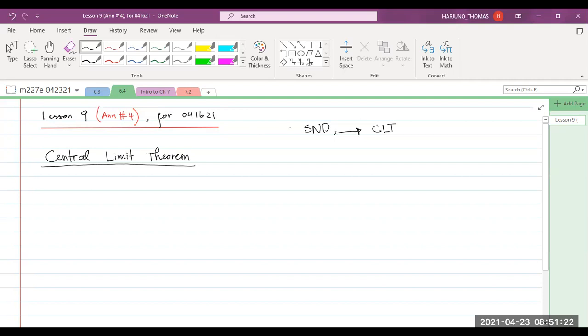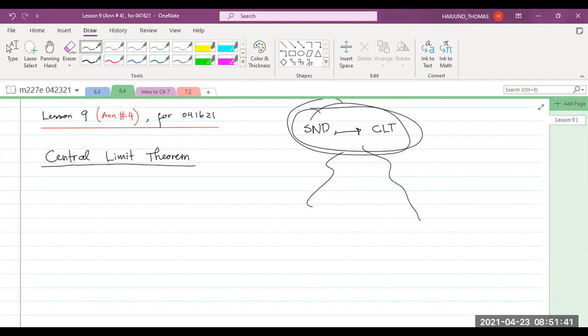From these two, probability and statistics became very, very big, like right now. Without these two topics, probability and statistics would actually have been stuck for many years, for many decades, if not centuries.